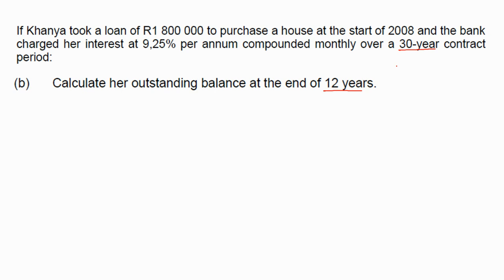So how many outstanding payments are there? We say 30 years minus 12, which is 18 years. So it's going to be 18 times 12. That will give you the outstanding payments, the payments that are not yet done.